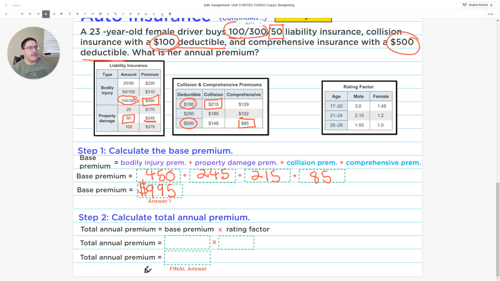Now the next part, to calculate the total annual premium, we're going to multiply it by the rating factor. So 995 times whatever we get for the rating factor, which is based on age and whether they're male or female. So we know this is a female in the word problem, a 23-year-old female. So our rating factor is 1.2.